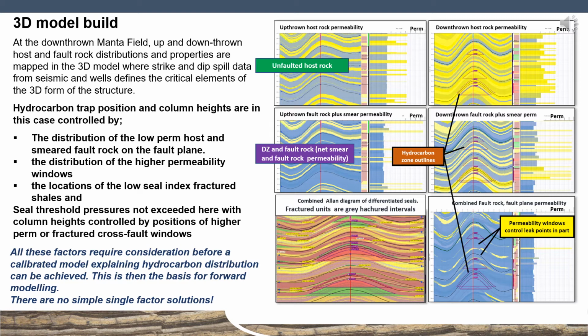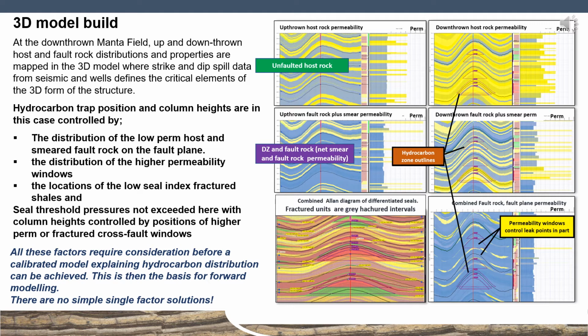The bottom left is the juxtaposition diagram, which identifies where the fracture zones are. These are those grey hatched zones. So all of this data has got to be put together to build a 3D model, and this is done in an XYZ grid and can be plugged into a simulation model.